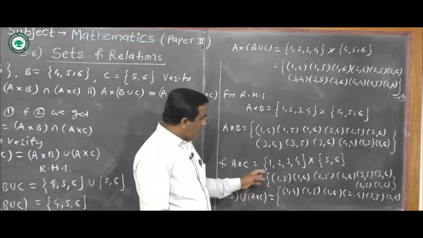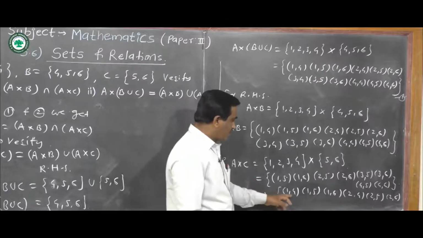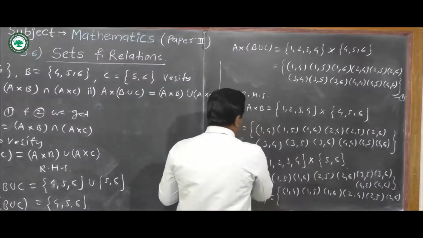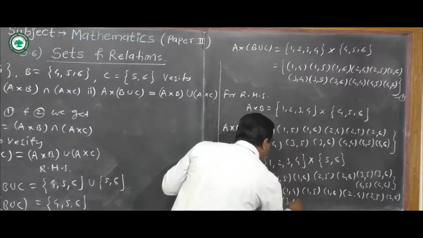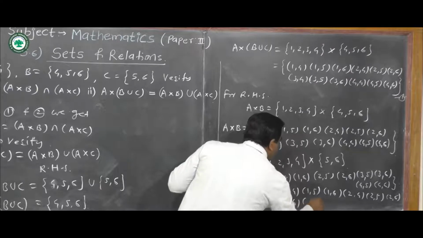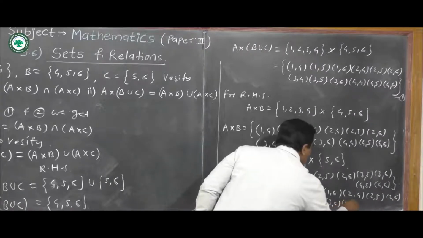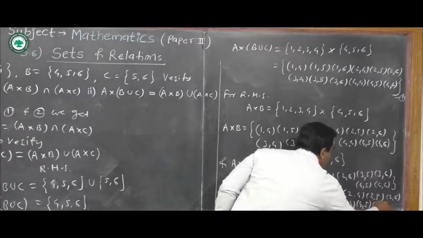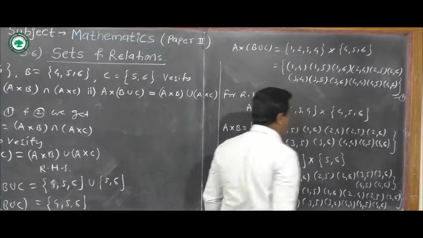The elements in set A cross B or in set A cross C, which are (1,4), (1,5), (1,6), (2,4), (2,5), (2,6), then we can write (3,4), (3,5), (3,6), (4,4), (4,5) and (4,6). Okay, we can say this is equation number 2.